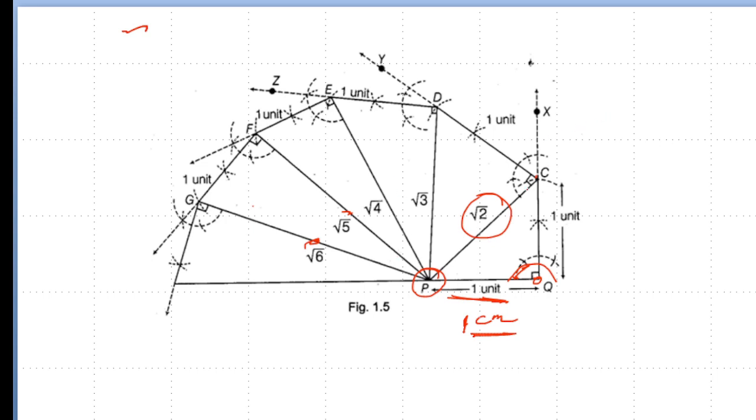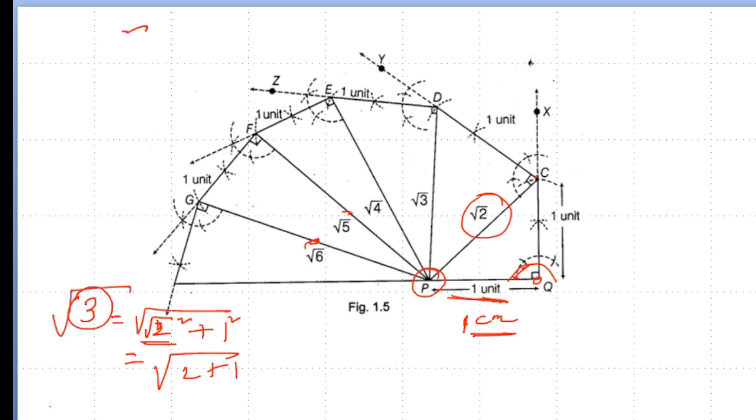Now from root 2 to root 3: 3 is coming from root 2 squared plus 1, or you can say 2 plus 1. So root 2 squared plus 1 squared gives 3, and the square root is root 3.